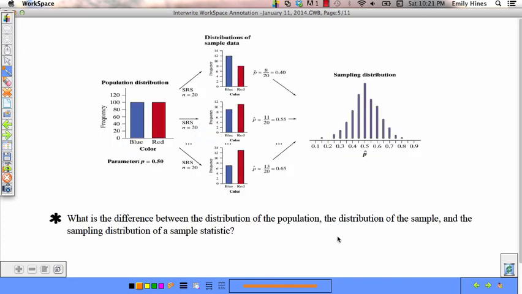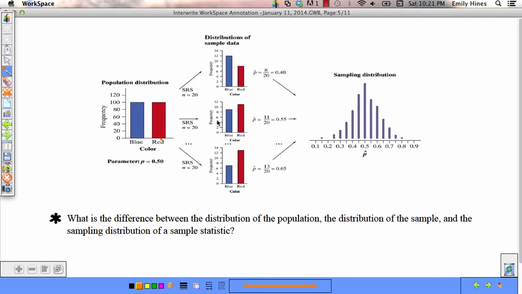So this diagram right here is actually a very good representation of what we just did. Here are our chips, our population distribution. These are all of the chips that are in the bag. As you can see, 100 of them blue, 100 of them red. So my parameter is p = 0.5. From there, I took a lot of different samples. I took 500.